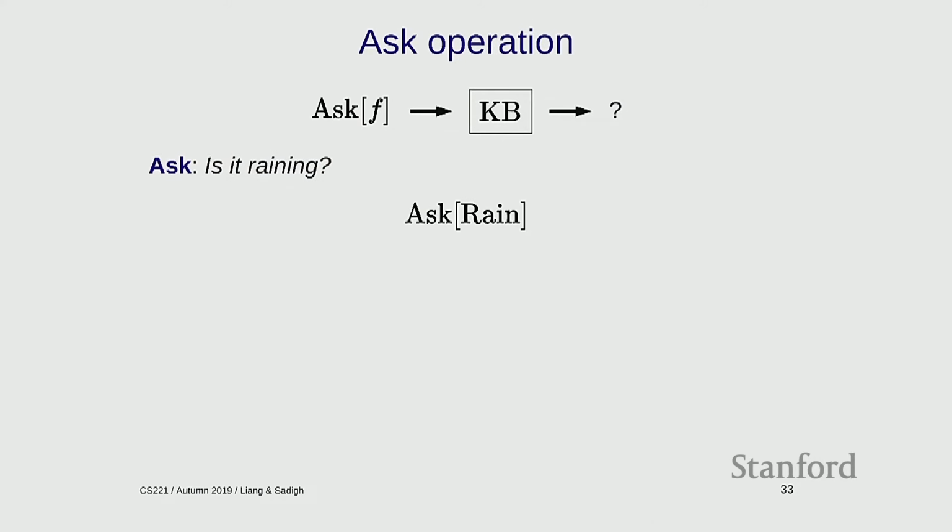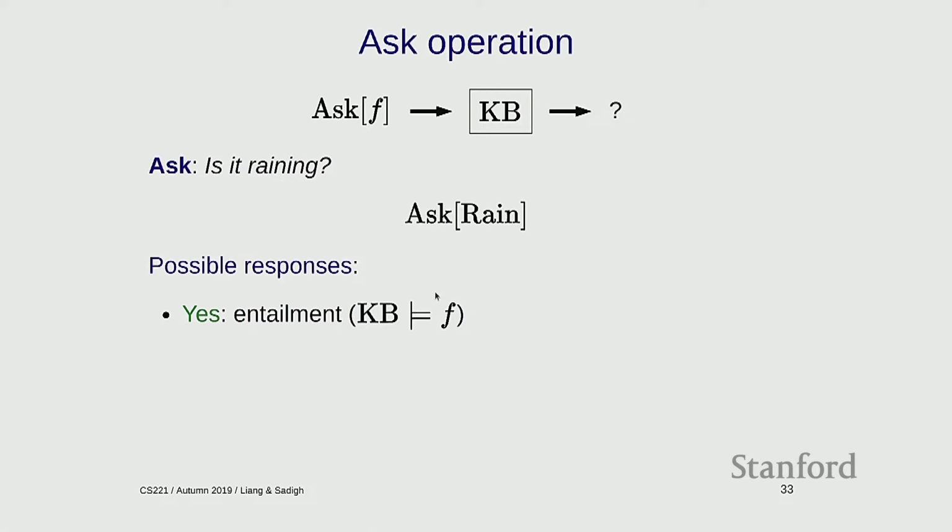There's also the ask operation. If you're asking a question, again, the same three cases, entailment, contradiction, and contingency, can hold. But now the responses should be answers to this question. If it's entailment, then I say yes, and this is a strong yes. This is not like probably yes.